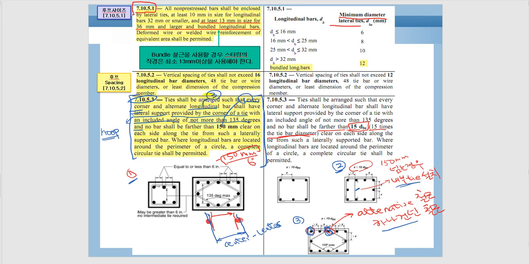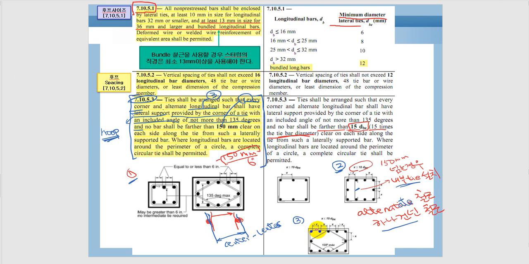Alright. So what happens here is if you have corner levers and alternate longitudinal levers, then you need to provide a hoop here, one hoop here. Okay, so let me try to draw it again.